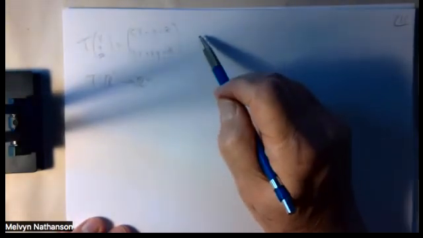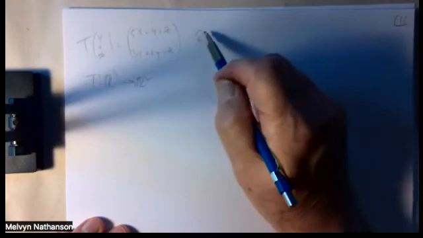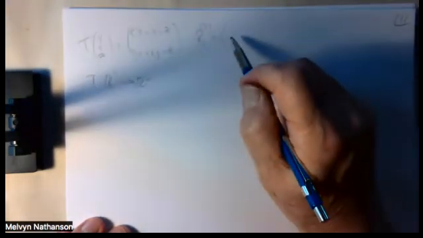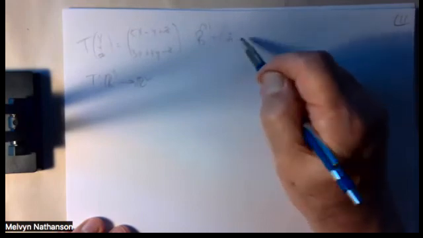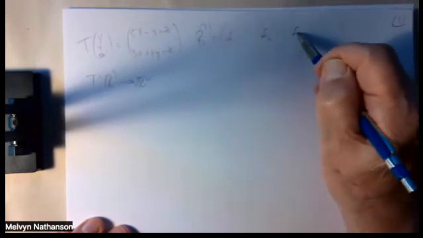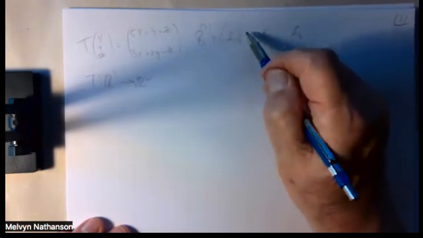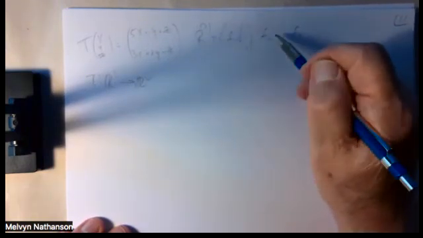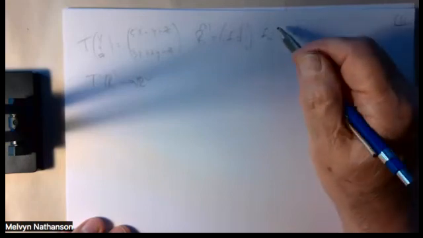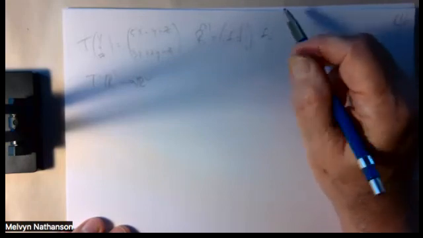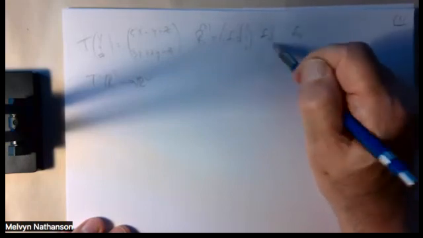And in R3, I choose the basis, which I called B3. And the vectors, I'll label them F1, F2, and F3. F1 is going to be 1, 1, 0. F2 is going to be 1, 0, 1.